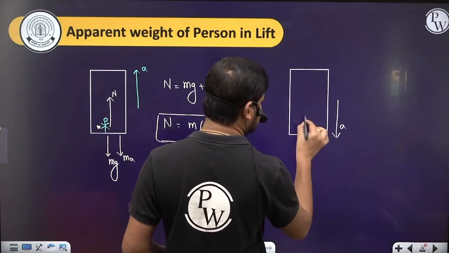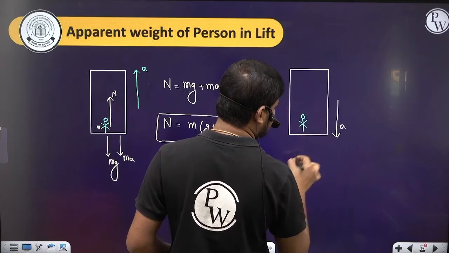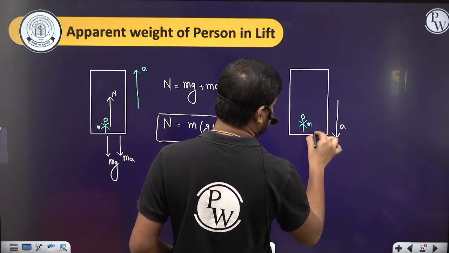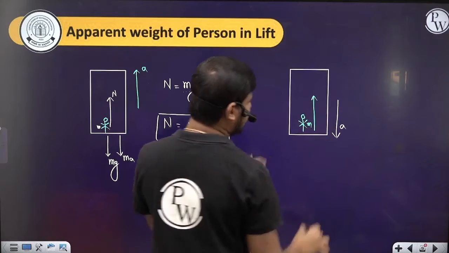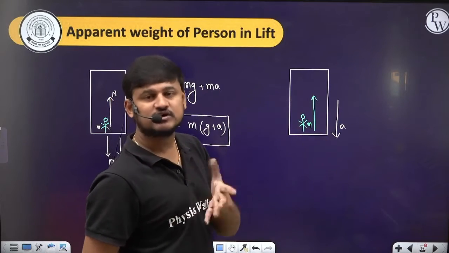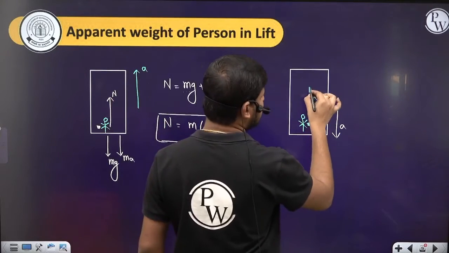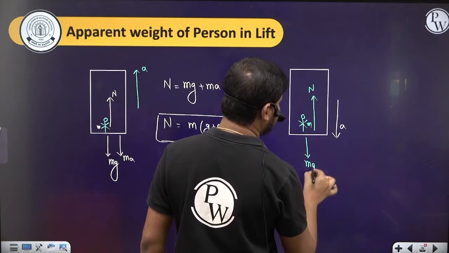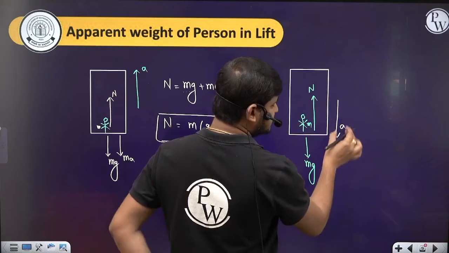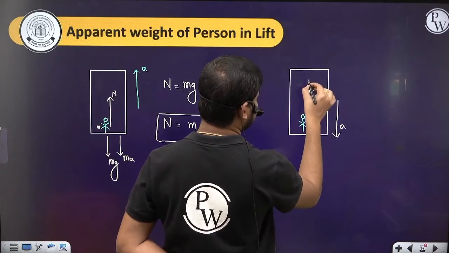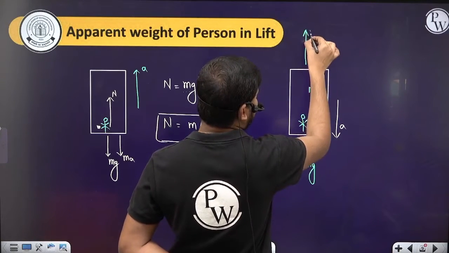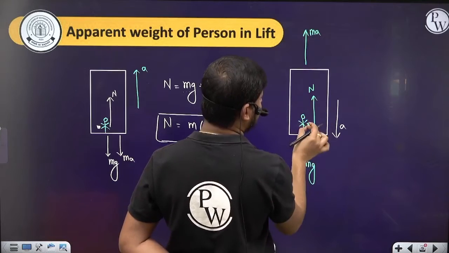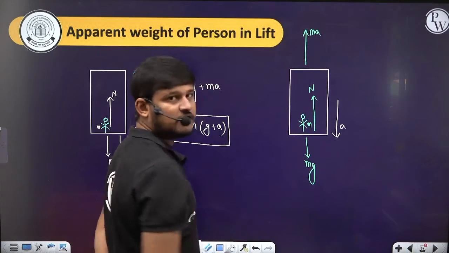And similarly, consider you are descending in a lift with an acceleration a. Here is a person whose mass is m. Because he stands inside the lift, there is a contact force, so the normal is upward and his weight mg is downward. As the acceleration is downward, the pseudo force which acts on the person is ma, mass into acceleration, in the opposite direction.